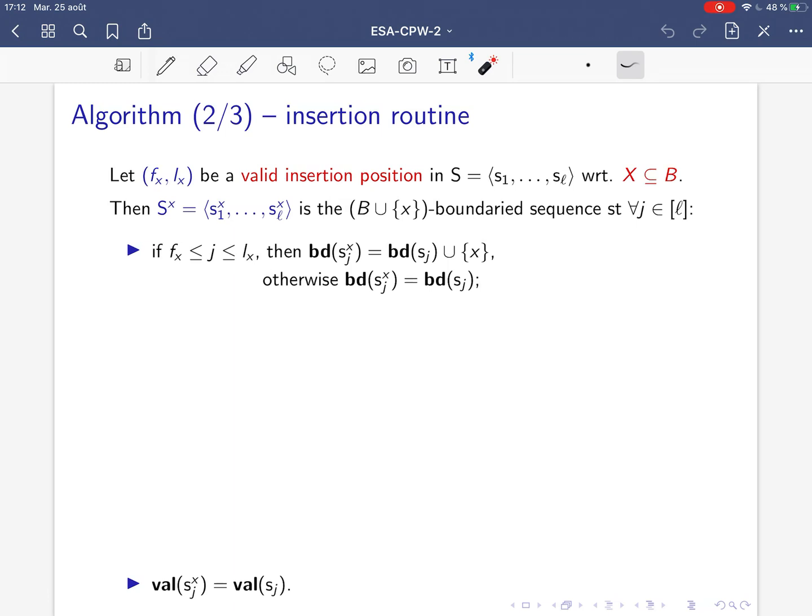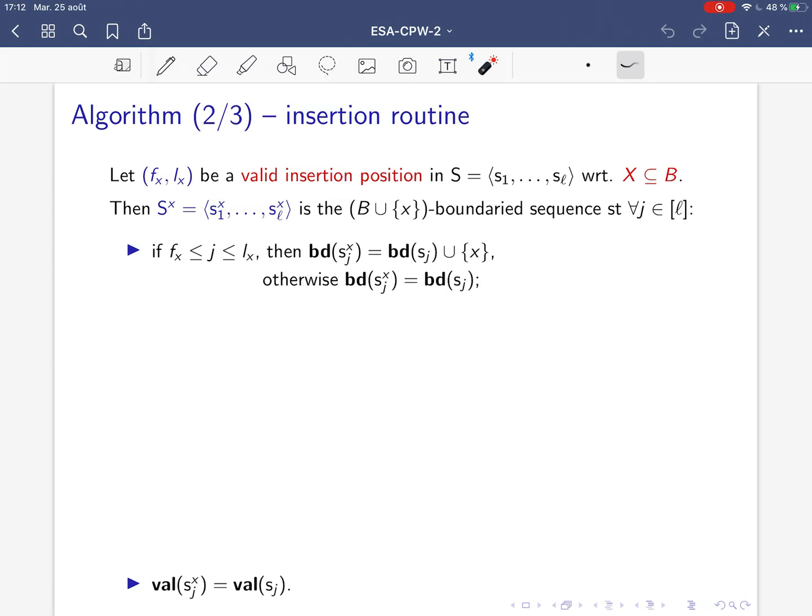Now the insertion routine, we first have to define what is a valid insertion. So we want to add one vertex, and we add a vertex with respect to a subset X of B. We say that a valid insertion position is Fx, Lx, which correspond to the indexes at which you will add the vertex x in the boundary, such that every element of capital X has to belong to the boundary of some index between Fx and Lx.